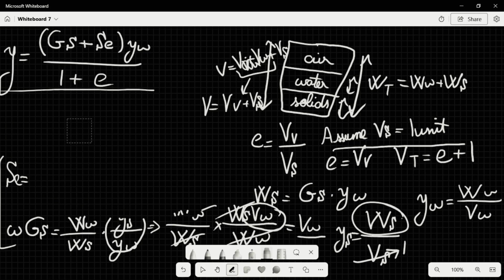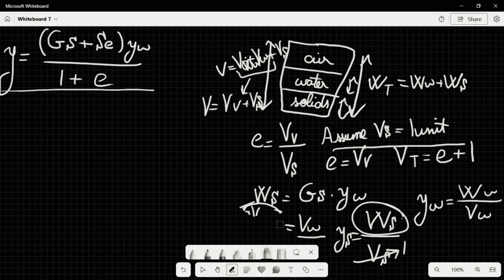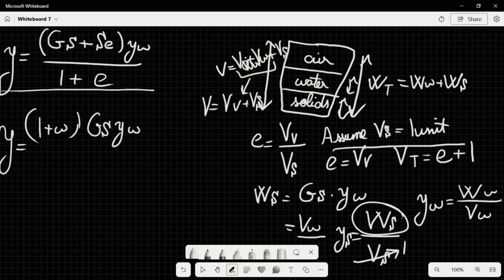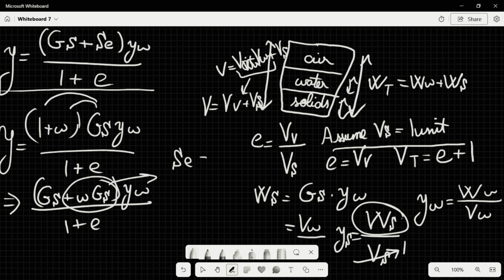To go ahead and make our life easier, we can make use of the formula that we proved just a few minutes ago, which is that the total unit weight is equal to 1 plus omega times GS gamma water over 1 plus E. Now, by bringing GS back into the parentheses, we can see that GS plus W GS times gamma water over 1 plus E. And we will now remember the formula that we proved just a second ago, which is that SE is equal to W GS.